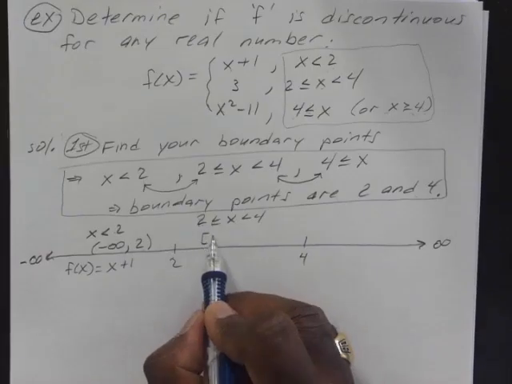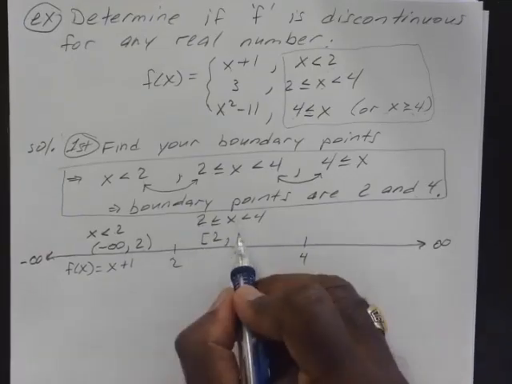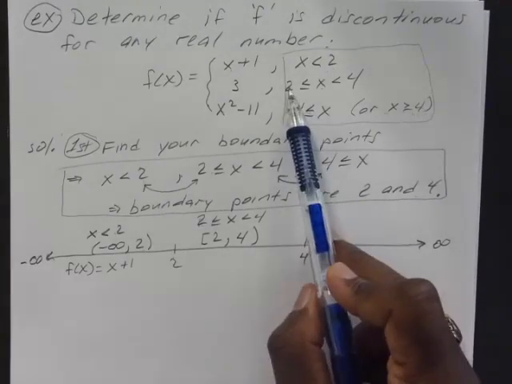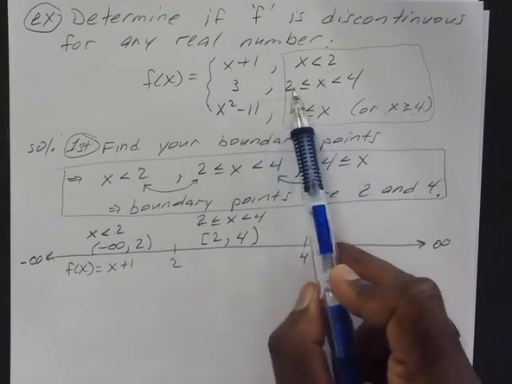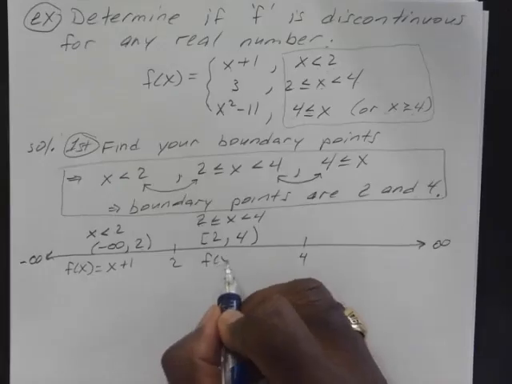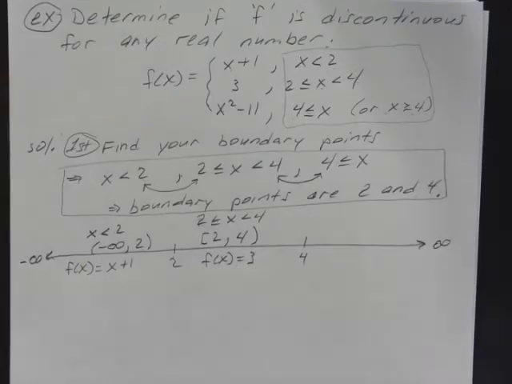So we put a bracket for the 2 and a parenthesis for the 4. We know when the interval is from 2 to 4, your f of x is equal to 3.